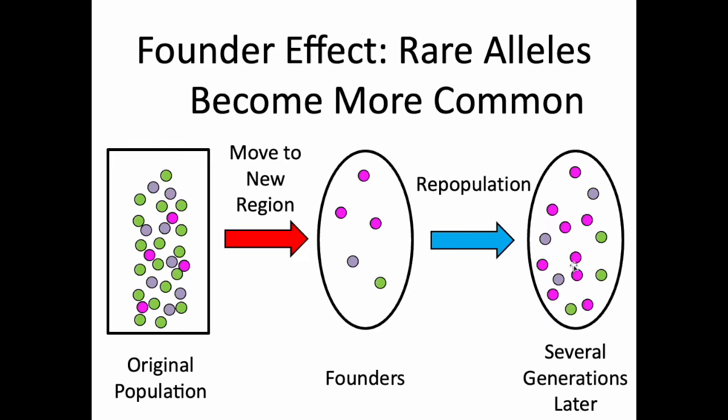So, looks like there's a lot of this purple allele. It used to be pretty rare in the original population. Why is it so common in this new population? Well, it's because the founders had a lot of this allele. But again, this is due to random selection of founders.